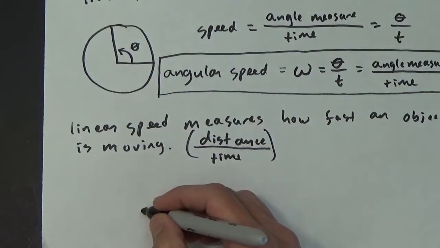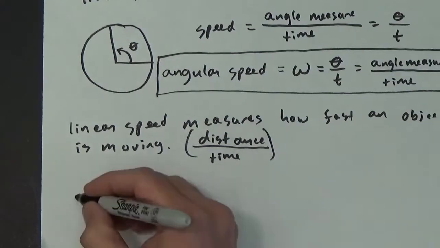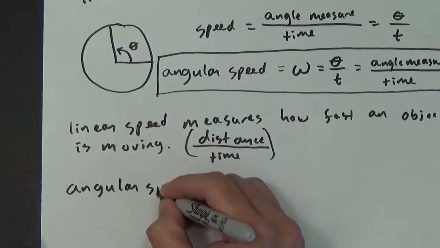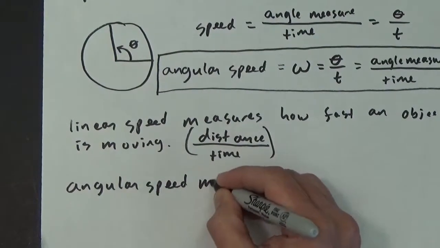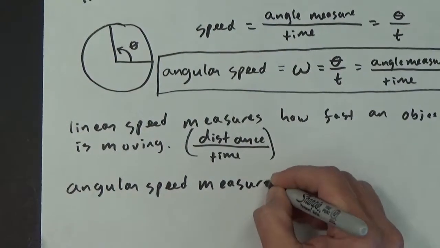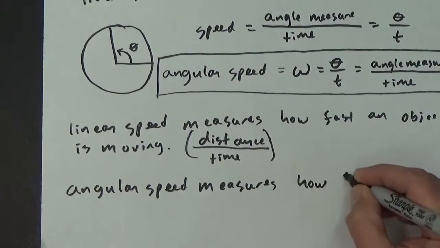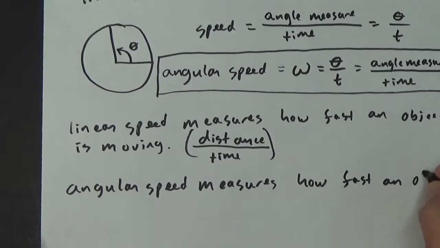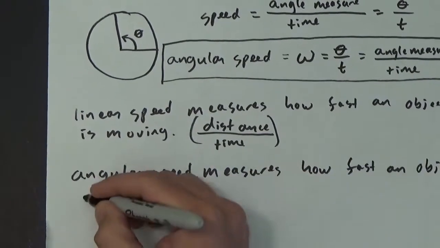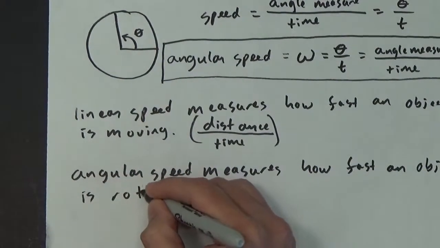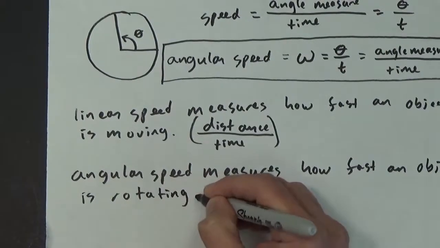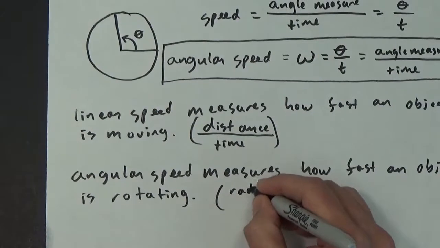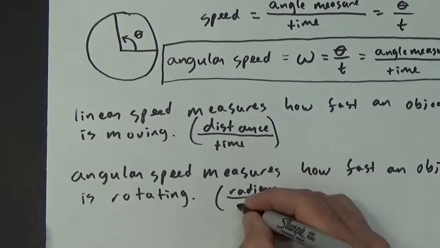Angular speed measures how fast an object is rotating. And that is in radians over time.